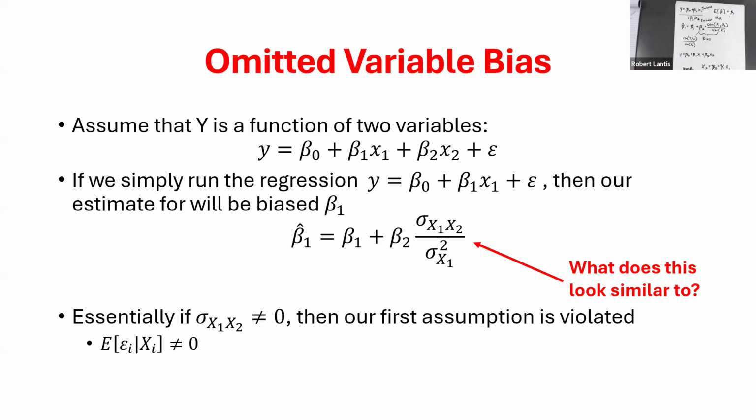If I did run a regression of that omitted variable on the variable I included in my regression, what did we say our coefficient estimates are? They're simply going to be the covariance between x and y. Well, here, y is x2. So that would be the covariance between x2 and x1, just like we said, right? What's the coefficient? It's the covariance between y and x, divided by the variance of our independent variable.